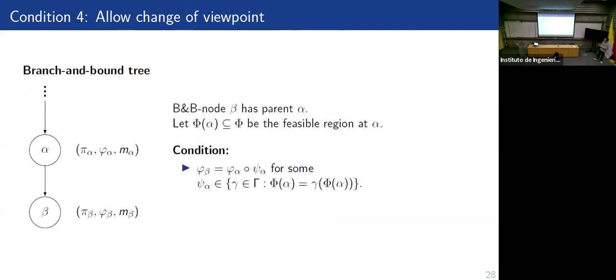And the last condition, I'd say, allows us to change the viewpoint. If at node alpha the feasible region of node alpha is the same as the feasible region at node alpha after applying the permutation, then we are allowed, starting at node beta actually, to look at the problem not through the feasible region at node alpha, but at the symmetric counterpart.